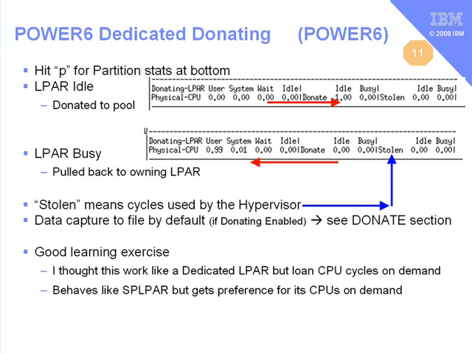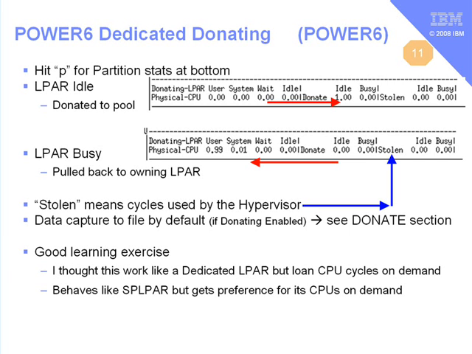And also note that it will always bring back the same CPUs. It has sort of ownership of the CPUs that you don't get with regular shared CPU logical partitions. So this is quite a good learning exercise. I was expecting it to donate them if a logical partition was demanding CPU cycles, but in actual fact they're all donated and we pull them back when we actually need them.